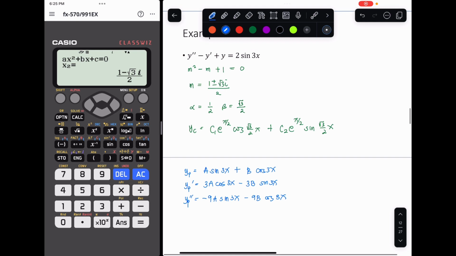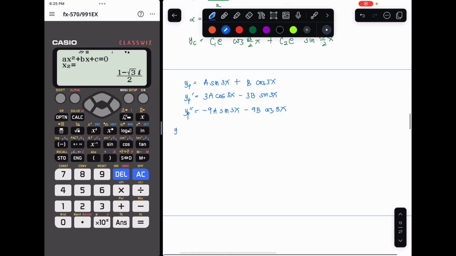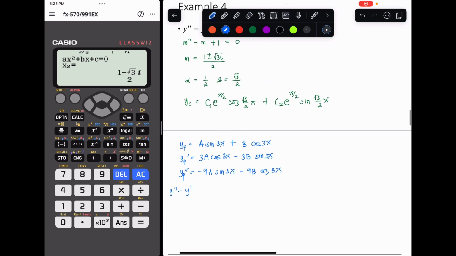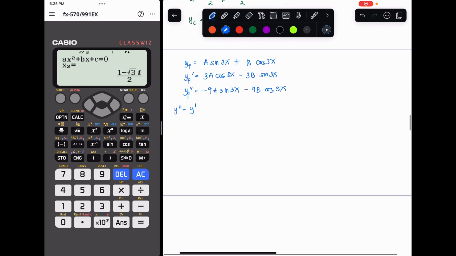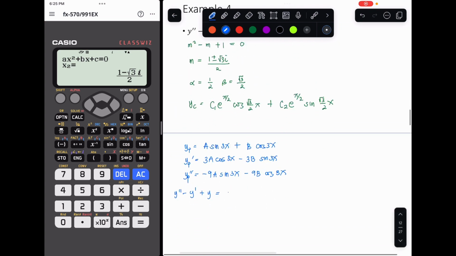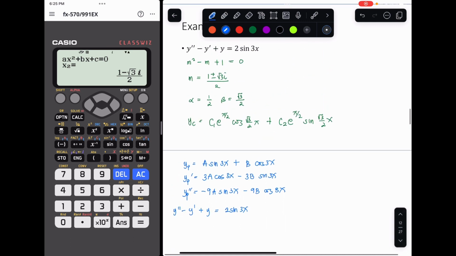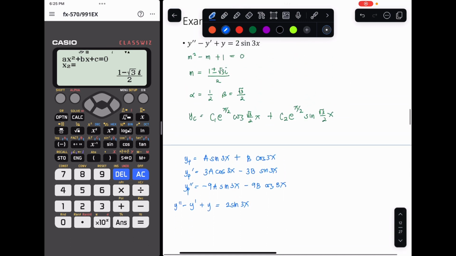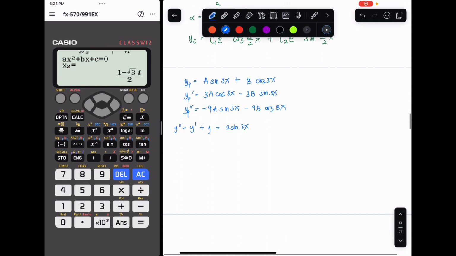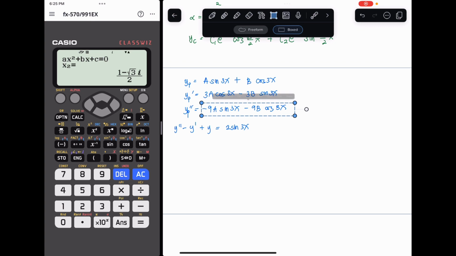So y double prime minus y prime plus y is equal to 2 sine 3x. Okay, so y double prime is this, so I'm just going to copy y double prime and paste it.